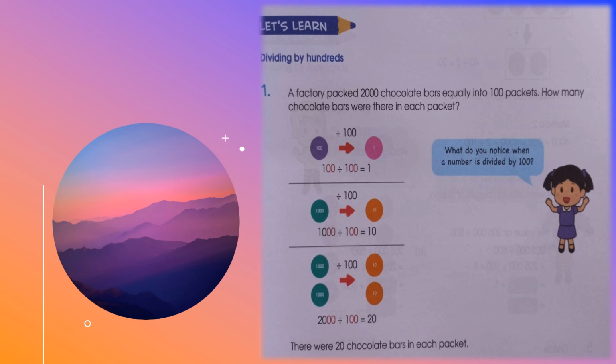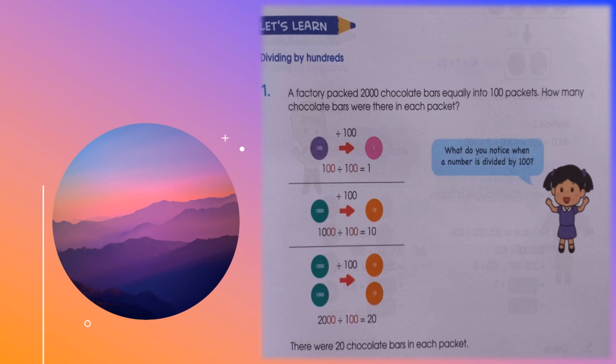In order to get the answer, we need to break up 2000 according to our 1, 10, 100 and 1000 rule, and then start the divisions with the help of the disk method.